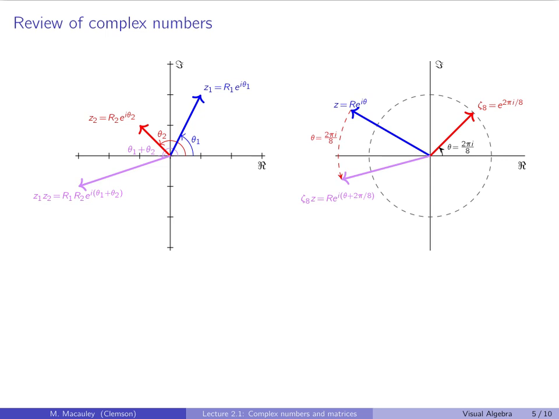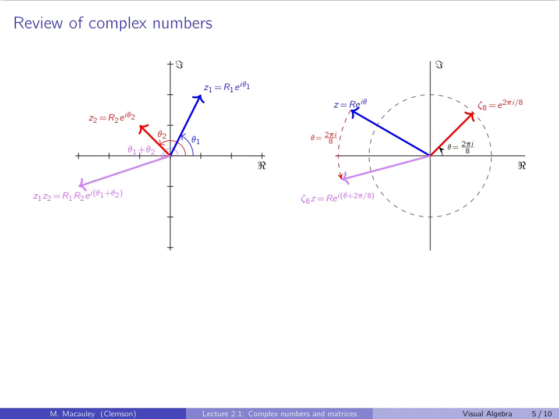Here are two examples. If we have complex numbers z1 and z2 at angles theta 1 and theta 2 from the real axis, and we multiply them together, then that's going to be at an angle theta 1 plus theta 2, and the lengths multiply.